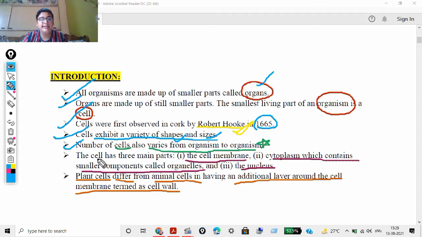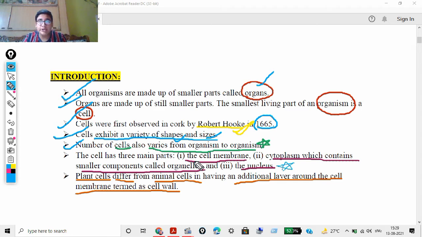Now the third last point is very important, so I make a star over it. Please mark this sentence, and I'm going to make a star over this also, because this point is also very important. Cells have three main parts. The three main parts are the cell membrane, cytoplasm.